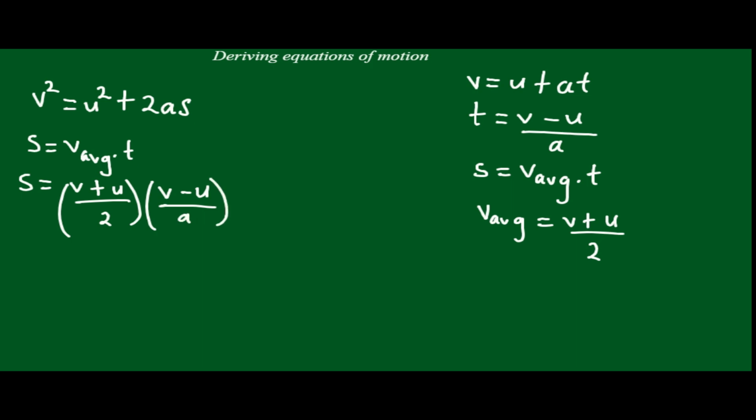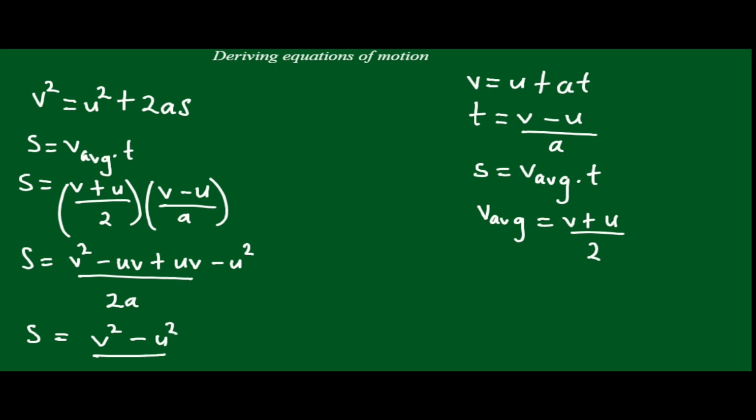From here we are just going to multiply the numerators and the denominators. So s is equal to v squared minus uv plus uv minus u squared, all over 2a. So s is equal to v squared, minus uv plus uv gives 0, minus u squared, all over 2a.